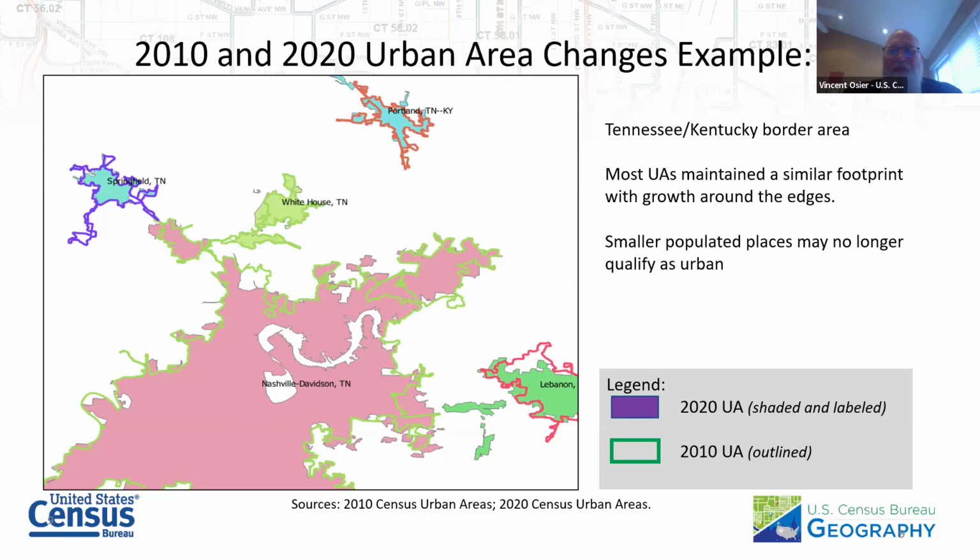it gives us a truer depiction of urban, because we also this time worked solely at the census block level in our delineation, whereas in at least the past couple decades, we used either census tracts or block groups initially to form the cores, and then added census blocks or qualifying census blocks adjacent to those.